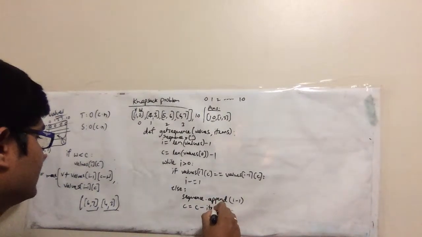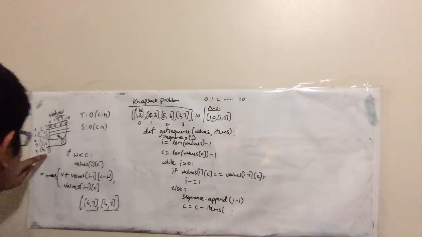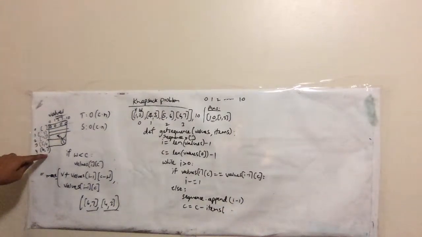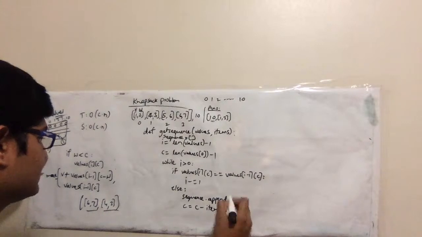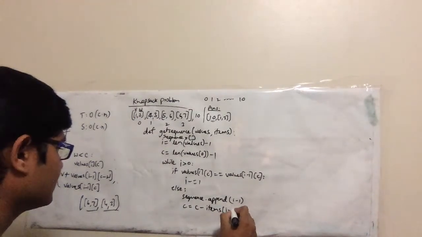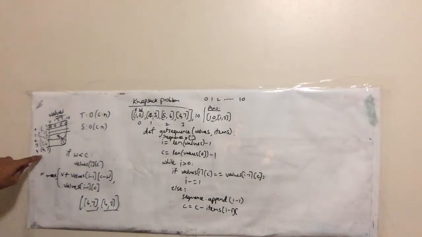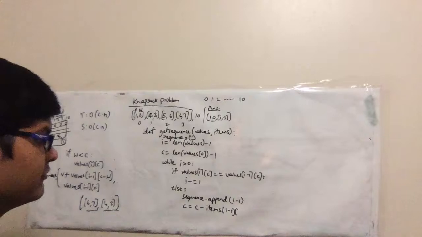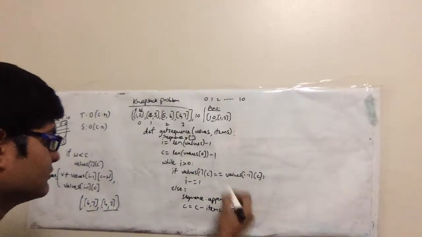We can call this items of I minus 1. This is value and this is weight, we need to reduce that weight, so this is 1.